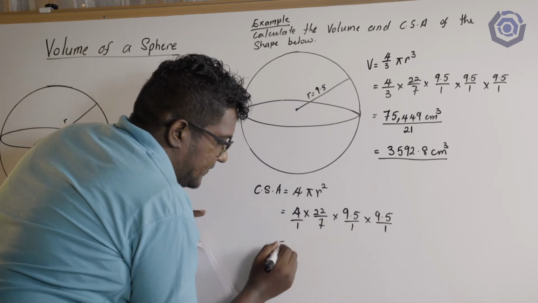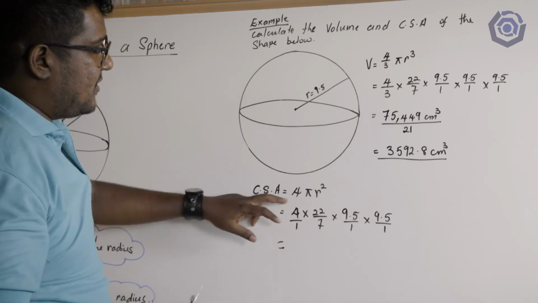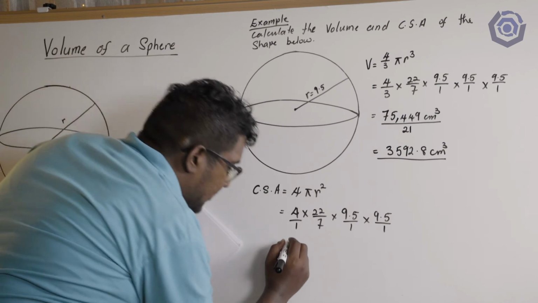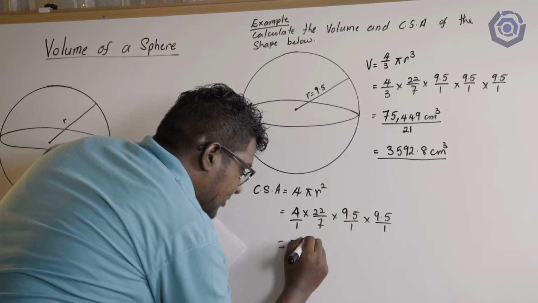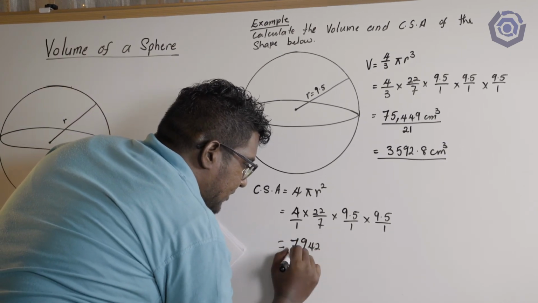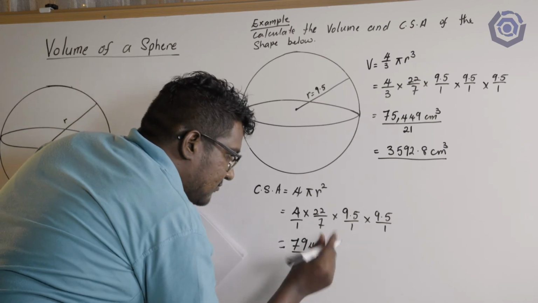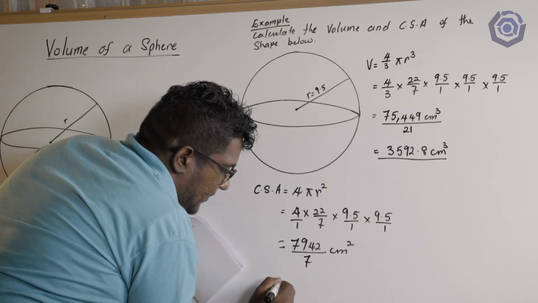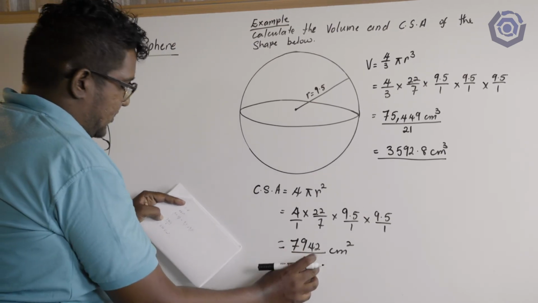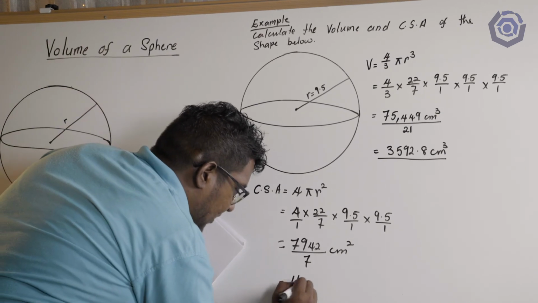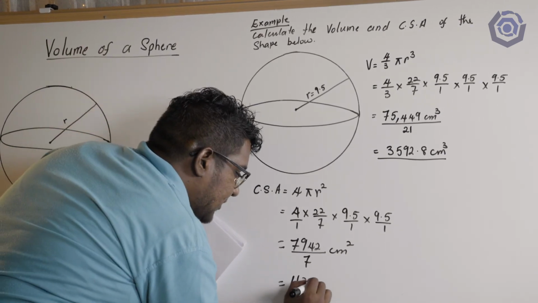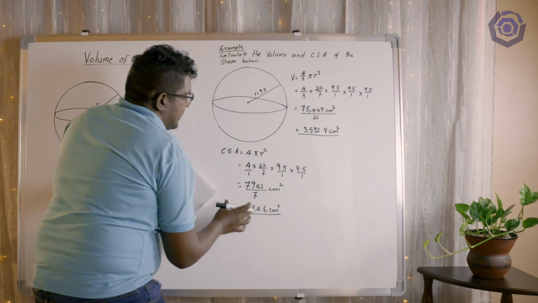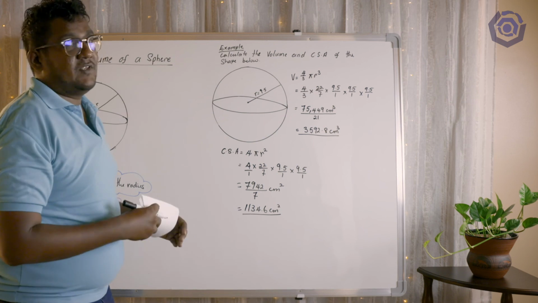Multiplying our numerators, 4 times 22 times 9.5 times 9.5 gives me 7,942, divided by 7 times 1 times 1, which is 7. 7,942 divided by 7 gives me 1,134.6 cm squared. And this is the curved surface area of this shape.